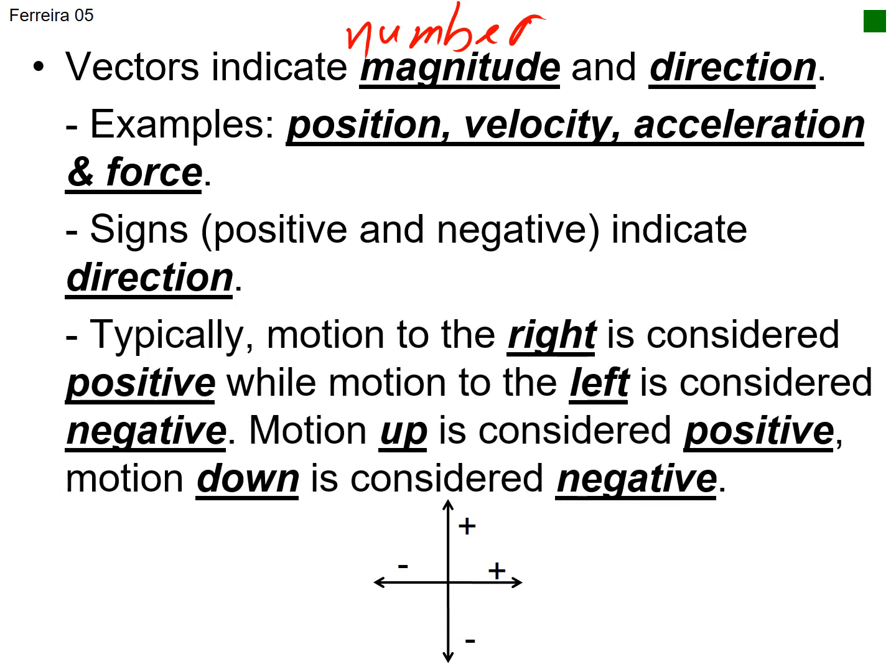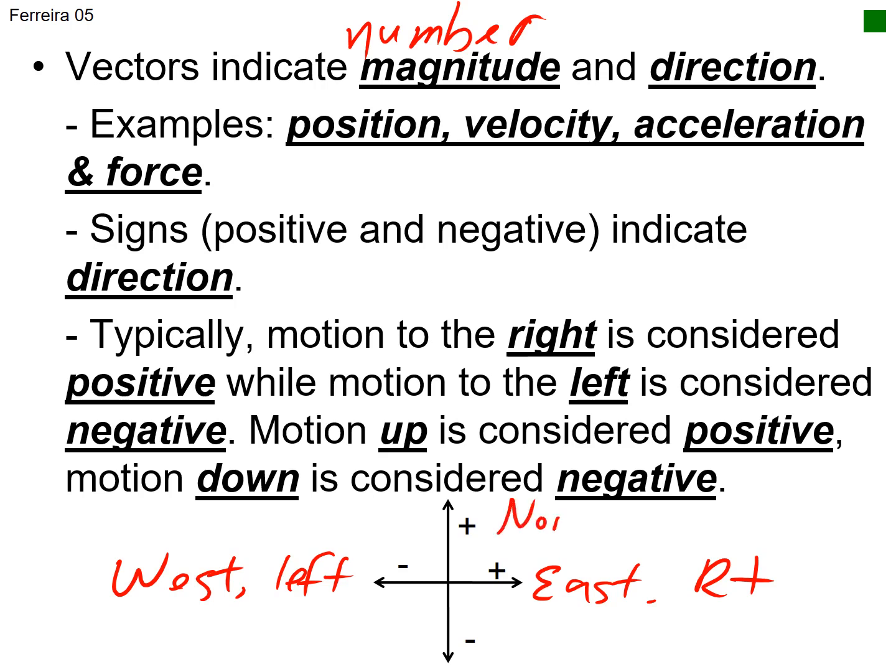By convention, motion to the right is considered positive, motion to the left is considered negative, motion up is positive, and motion down is negative. Generally, okay, motion to the east is going to be going to the right, so that will be positive. Motion to the west is going to be to the left, and that would be negative.